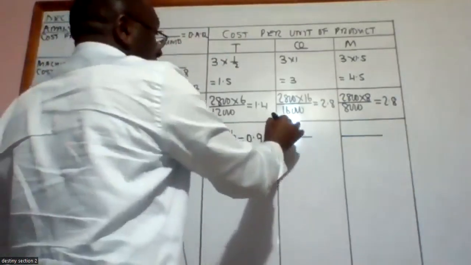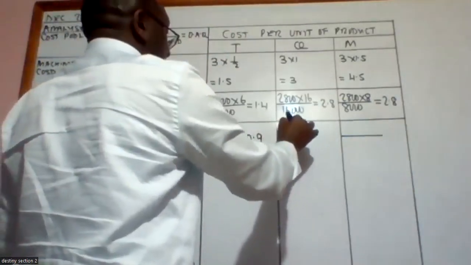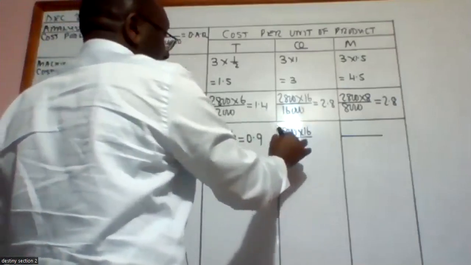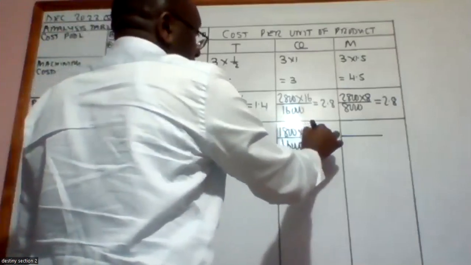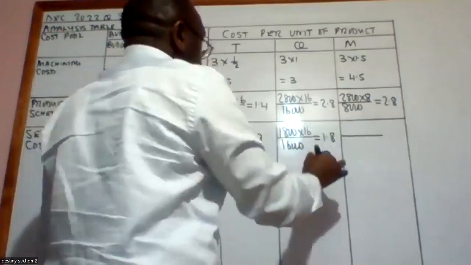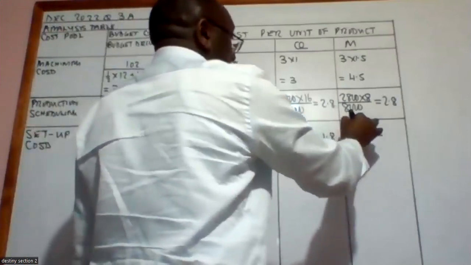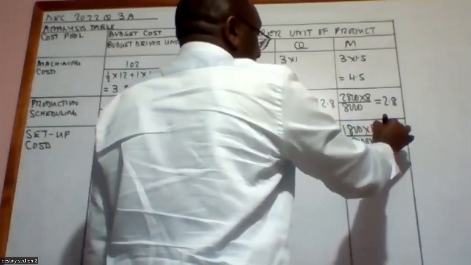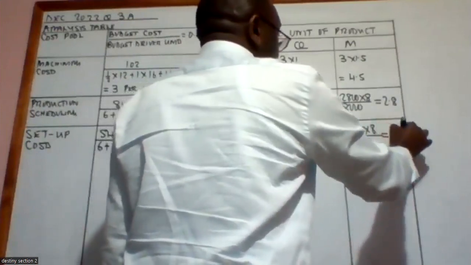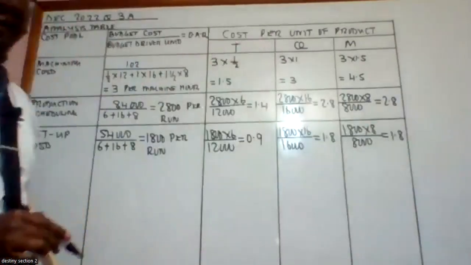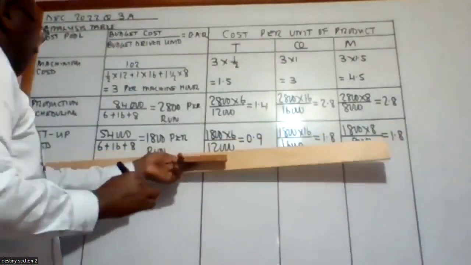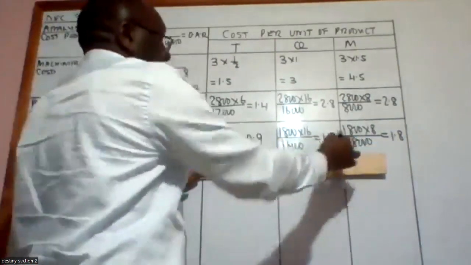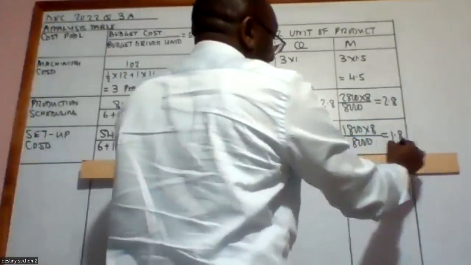Then here, 1,800 times 16. You divide by 16,000. This one is straightforward. It is 1.8. Then here, 1,800 times 8. You divide by 8,000. That is also 1.8. So we close it like this.